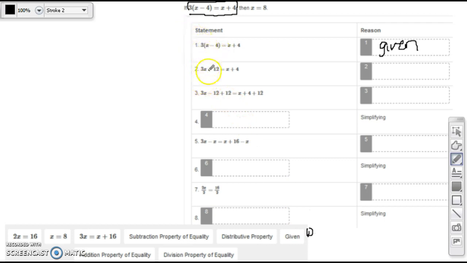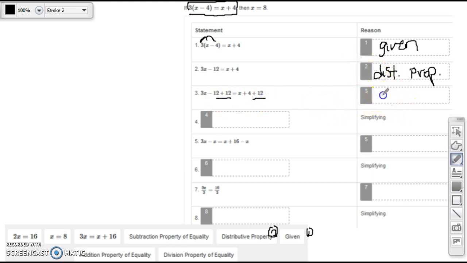All right, then it looks like they distributed, right? They did 3 times x and 3 times -4. So that second one would be the distributive property. And then the next thing we did was we added 12 to each side.